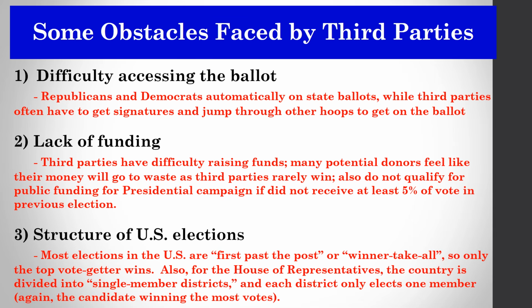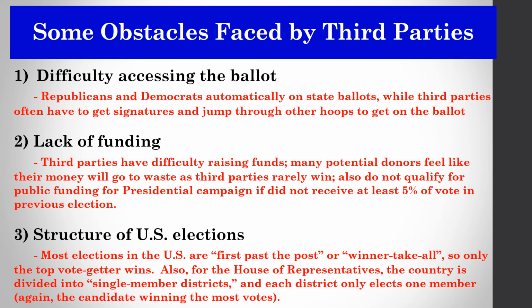And you also see the fact that the House of Representatives is divided into, as we mentioned before, single-member districts. There are 435 voting seats in the House, and those 435 seats are divided around the country. Each district elects one person. So again, if you finish second or third for that seat, you get nothing.